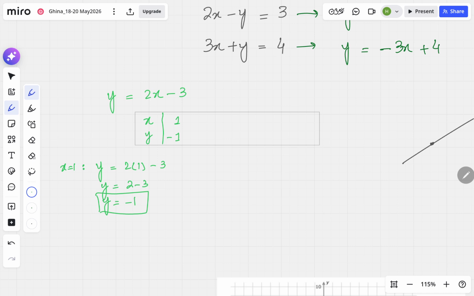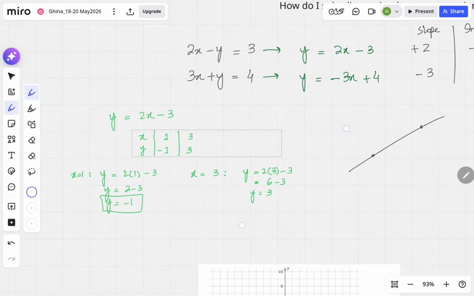Similarly, for x equals 3, what will be the value of y? Put the value 3 for x, and it gives 6 minus 3, so y will be 3. So for x equals 3, y equals 3.